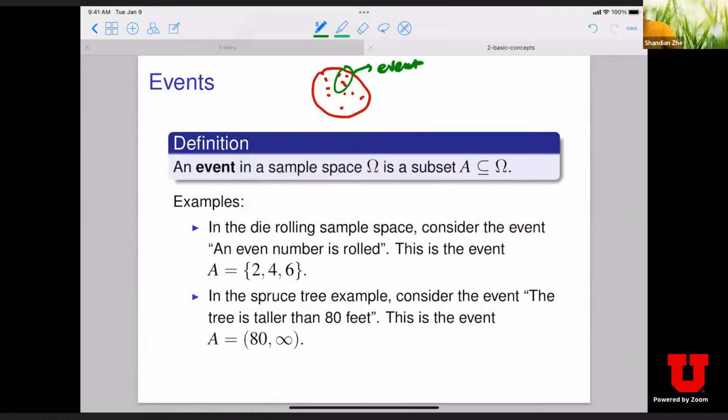For example, you're rolling a die, and I'm going to construct the event that an even number is rolled. This is a valid event, right? This event can be represented by a set which consists of 2, 4, 6, because it tells you that you only see an even number. So it could be 2, 4, or 6.